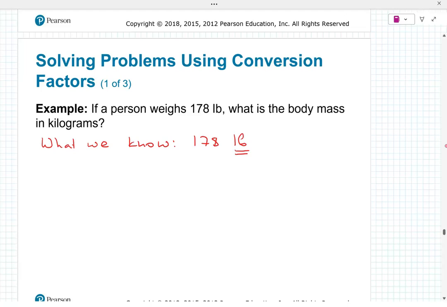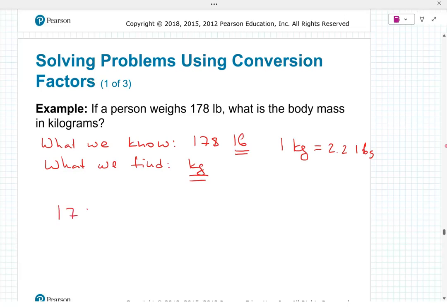Because did you grow up with the metric system? I want a more structural approach for you folks. Okay? So, what do we need to find? Weight in kilograms. So first, let's write an equality. 1 kilogram equals 2.2 pounds. Okay?